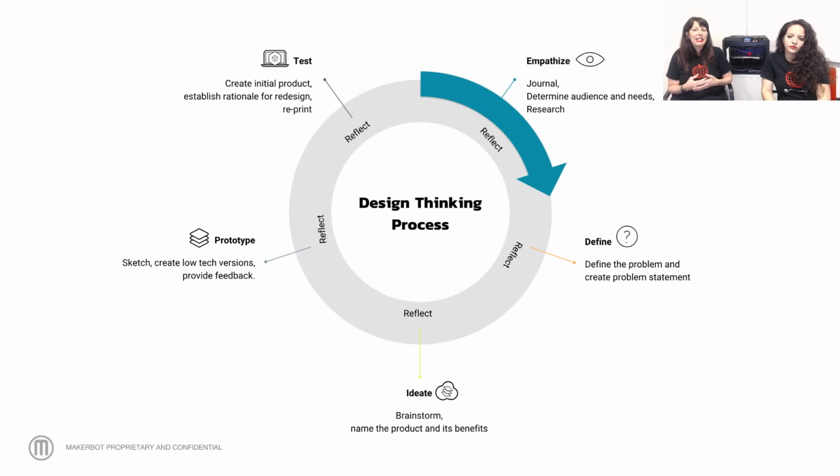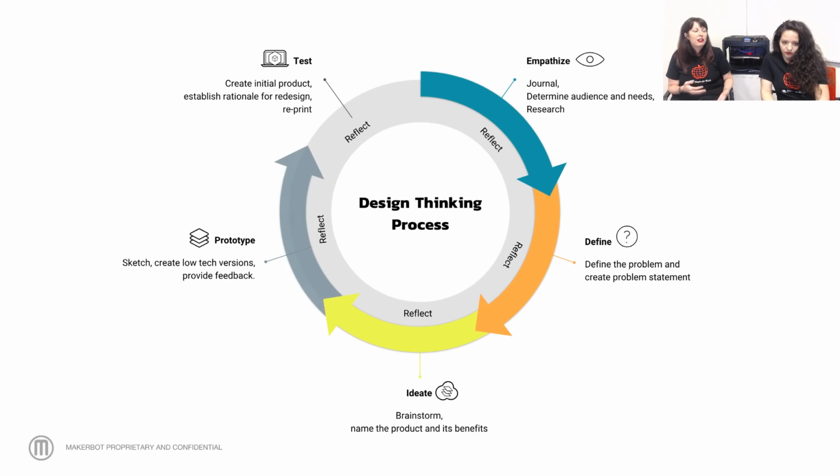And you can see here, it does start with empathy. Students will create a journal, they'll create this design document, and then they'll define the problem. So they're going to create a problem statement, and then they're going to start brainstorming and think about different possible solutions for that problem. And then they prototype, and they'll look at it, and they'll get feedback.